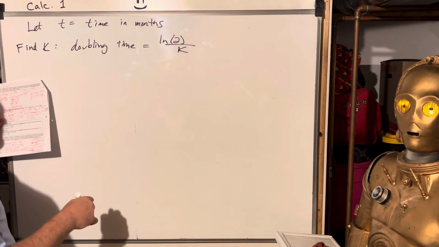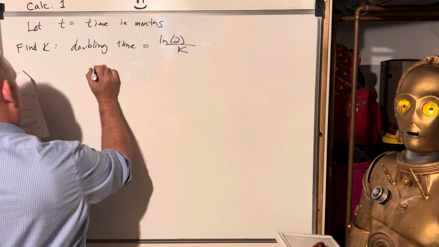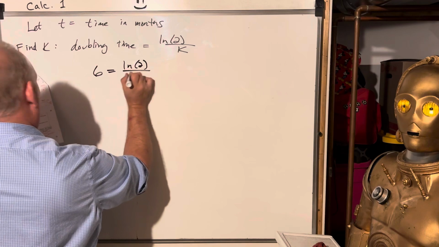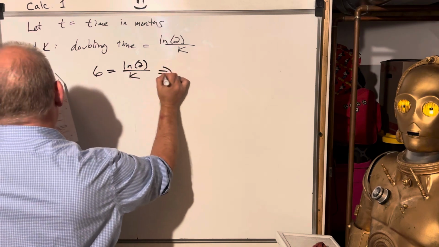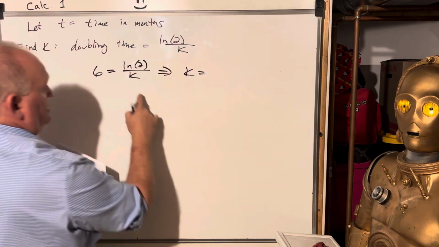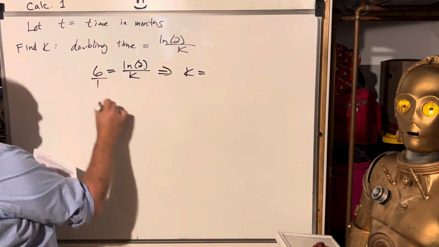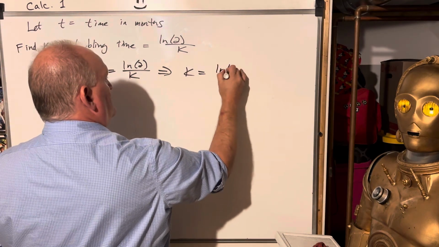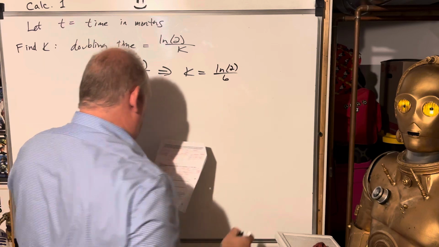So it says 6 months. 6 equals ln 2 over k. So k is equal to, we just cross multiply and solve. So 6k equals ln 2. So k is equal to ln 2 divided by 6.